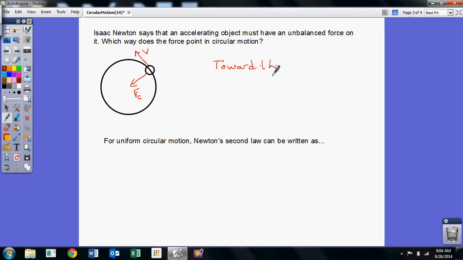Toward the center of the circle. So that's the way that the net force points. And that's why we call it the centripetal force.